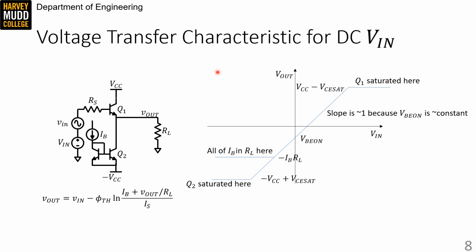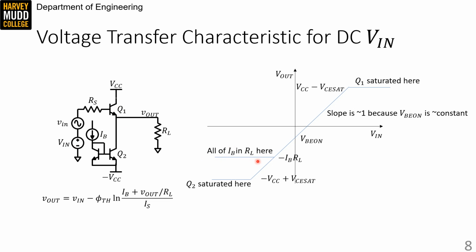However, if RL is not very large, then there's another possible failure mode for this amplifier. If the current in Q1 goes to 0, it's cut off, and then Q1 won't convey any additional changes to the circuit as V in varies, right? If it's cut off, it's not like it can start pulling current back up.